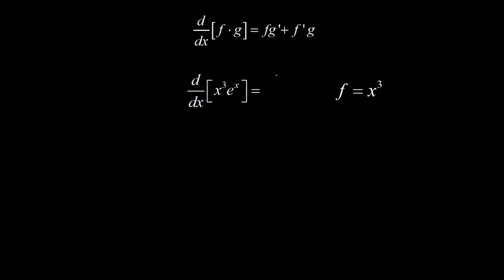So we're going to recognize that f is the power function, and g is the exponential function. Doing this already gives us two pieces, f and g. So f goes here and g goes here.